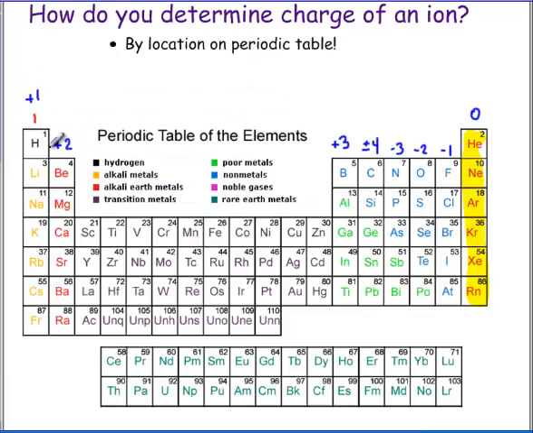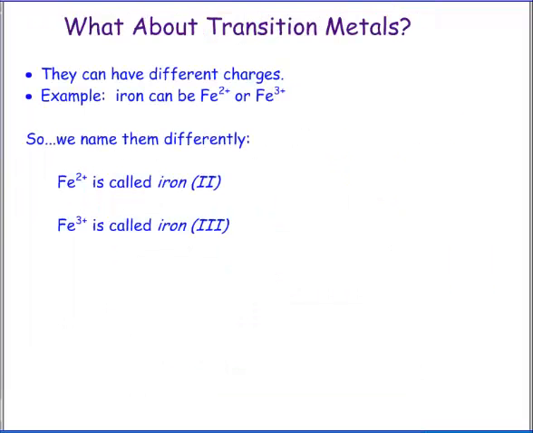Now, so far, we've only looked at elements that are in what we call the main group, the ones where we have written the charges on. We've actually ignored all of these transition metals because they're a little tricky. Transition metals are unique in that they can actually have different charges. So, for example, iron, which is a transition metal, can have a +2 or a +3 ion.